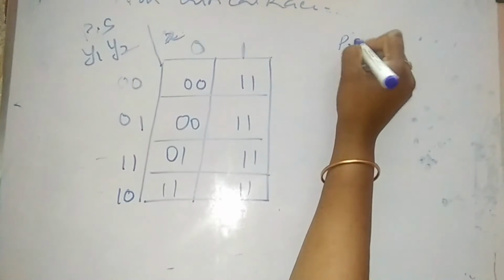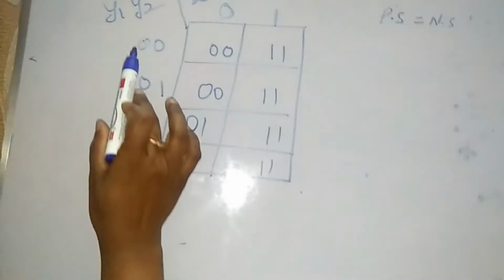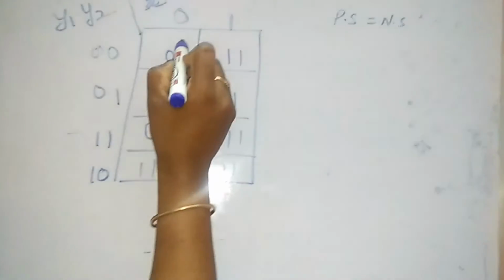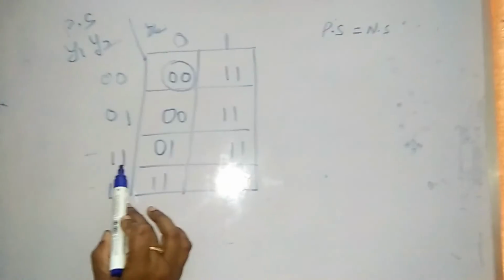Now, as I told you before, for a system to be stable, your present state has to be equal to the next state. For the present state 0, 0, my next state is 0, 0, right? So this is stable for me, correct? You can check whether there are any other stable cases. Here the present state is 1, 1 and the next state is 1, 1.